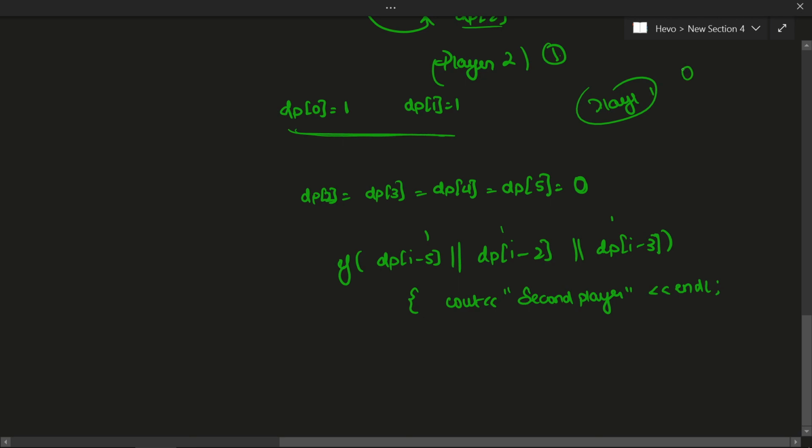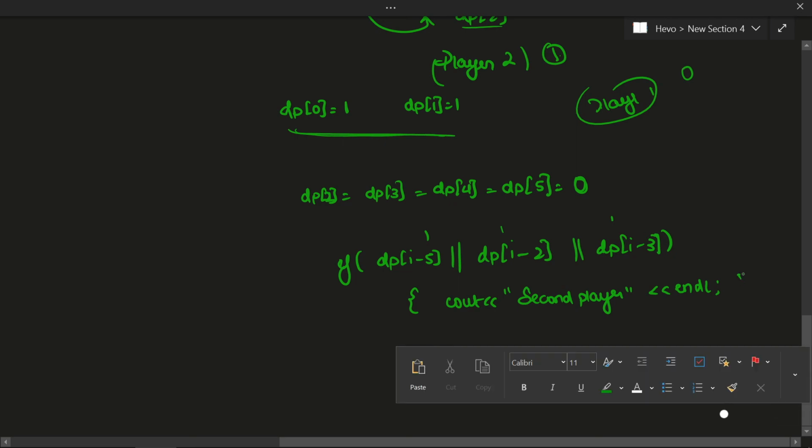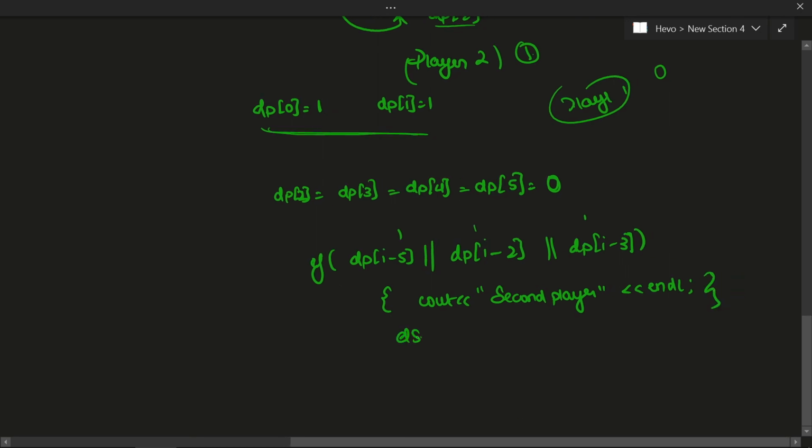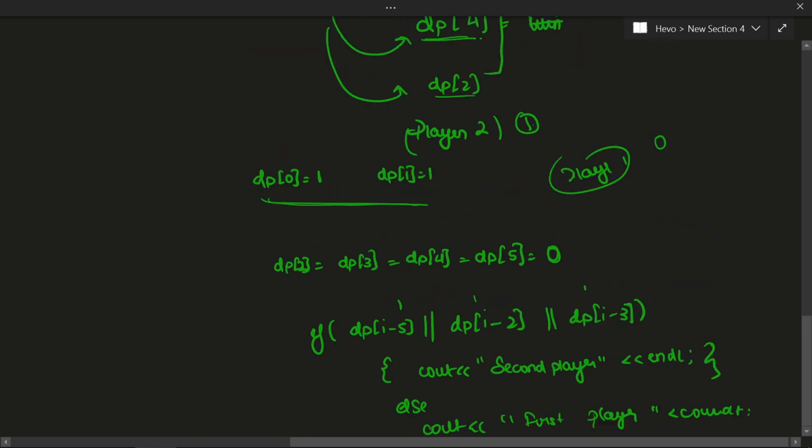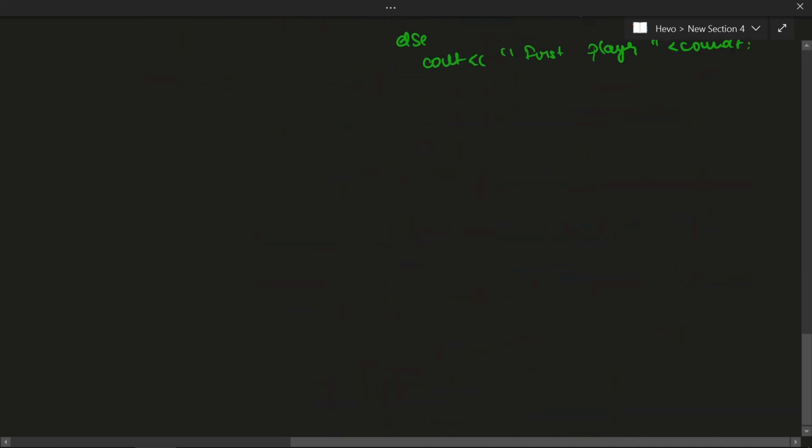So what happened here is that if any of these games is won by player one, we can definitely say that the second player is winning. There's no doubt. But else, we can just declare the first player as the winner. So the basic logic behind this question is that you have to count up the states.